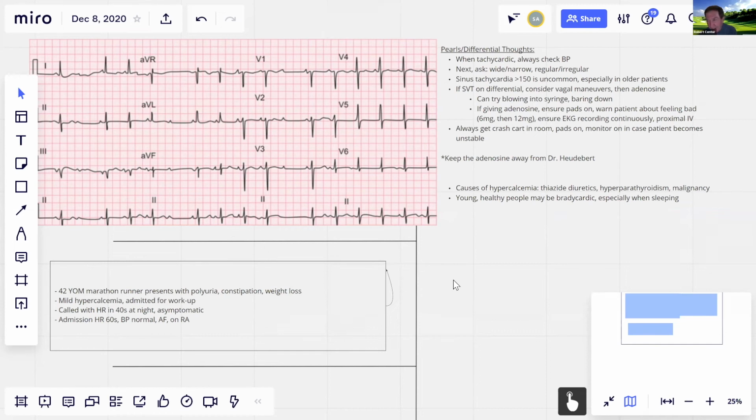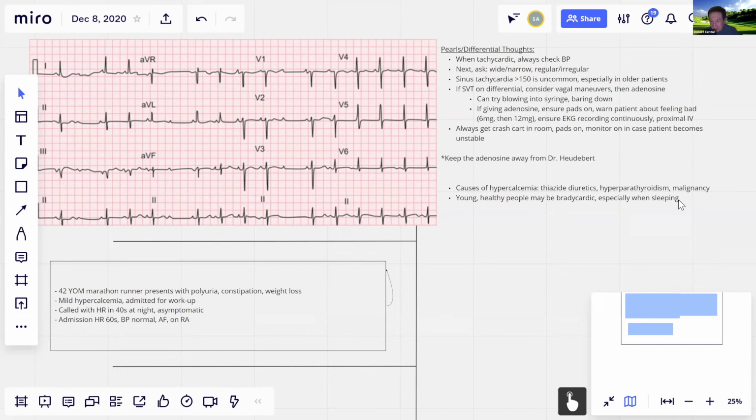What I'm wondering about, because Alonzo is very sneaky, is whether this mild hypercalcemia has anything to do with it. Will hypercalcemia do anything to your conduction system? Are you asking me or someone else? Anyone. I'm going to say yes.